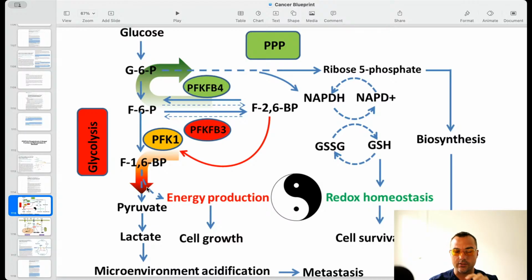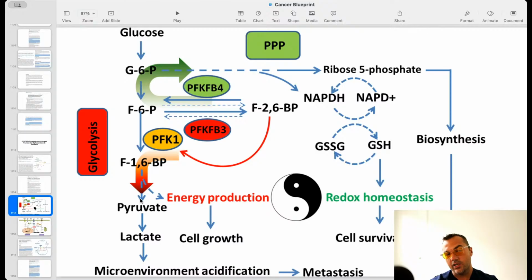What it's saying is that pyruvate kinase is being oxidized by hydrogen peroxide, a key signaling molecule that's also a reactive oxygen species. When it gets oxidized, it slows down that enzyme or even shuts it down. That way, glucose flux is not being shunted towards lactate.